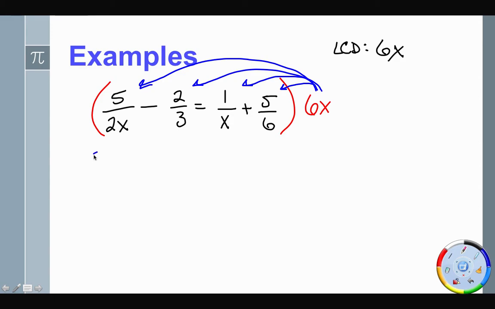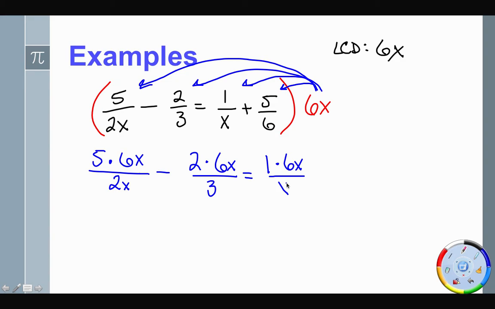So here we're going to get 5 times 6x over 2x. We're going to get 2 times 6x over 3 equals 1 times 6x over x plus 5 times 6x over 6.